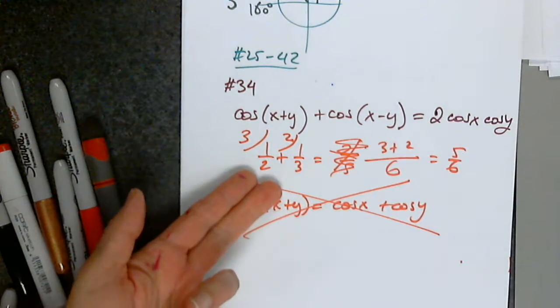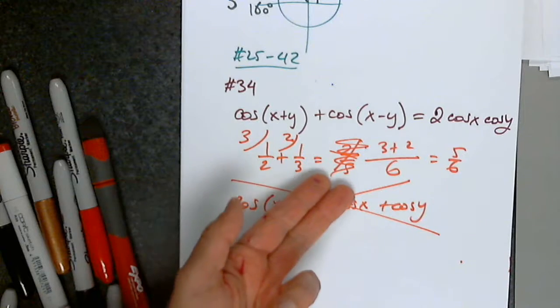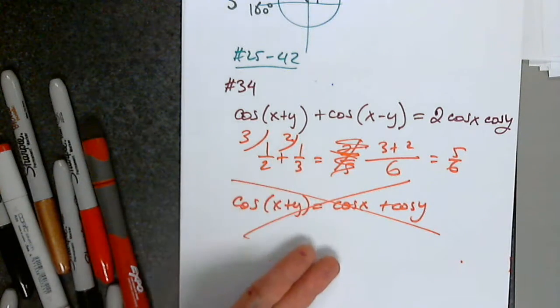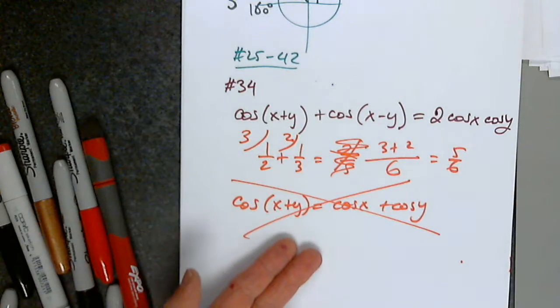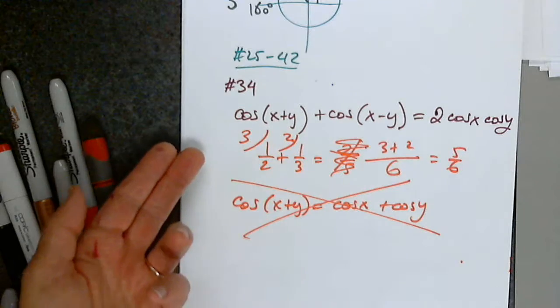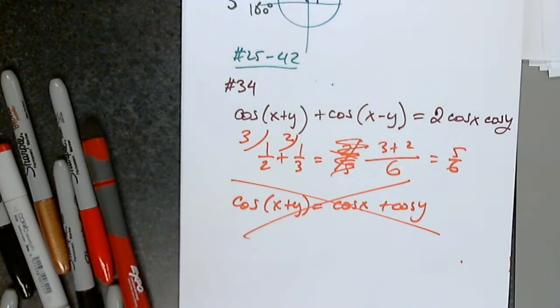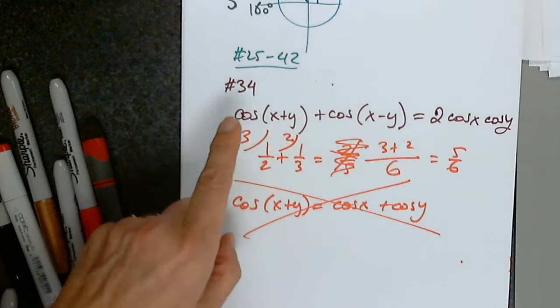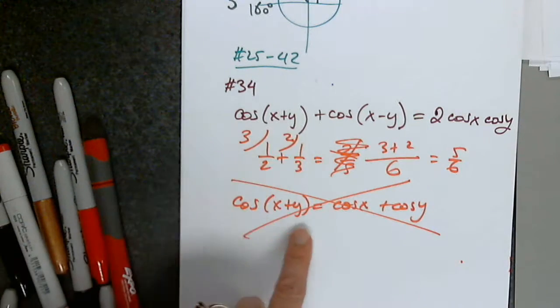As terrible as it would be to write that fraction, this is exactly as terrible. I know we are seeing it for the first time. Don't ever assume anything that we haven't done together. So please, cosine of x plus y is like cosine of alpha plus beta. You cannot distribute.